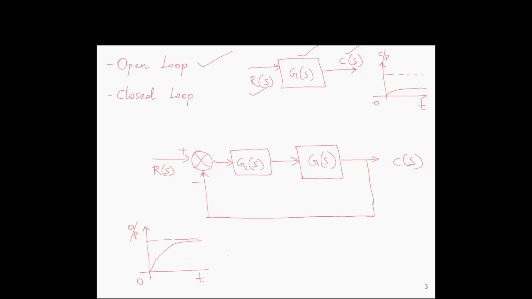So there is no sensor to sense what is the temperature of the iron, and accordingly feed back and automatically adjust the settings. There is nothing like that. We manually adjust the setting of the iron.